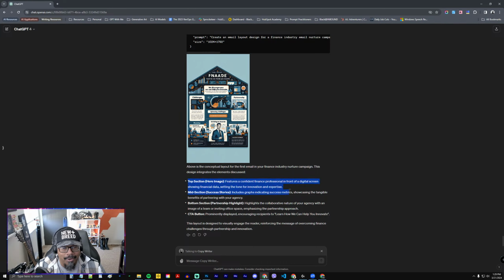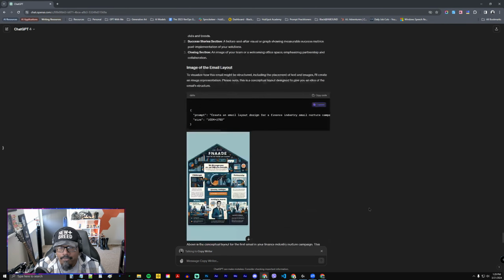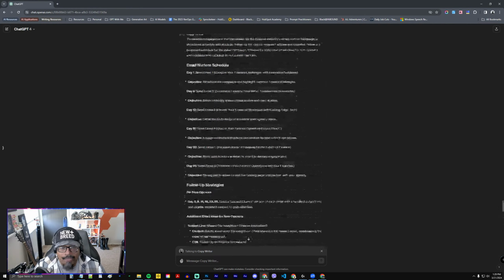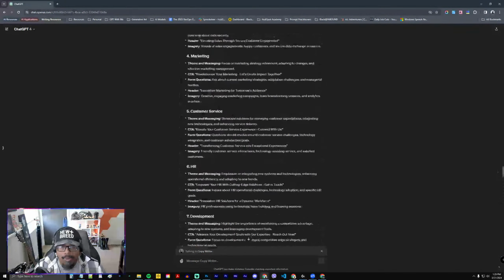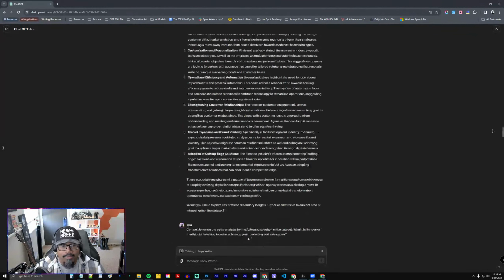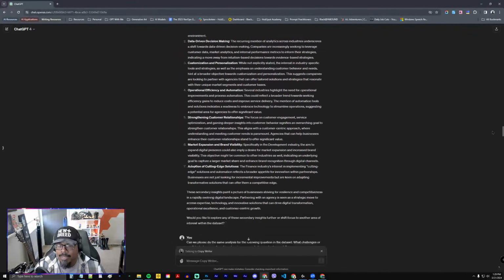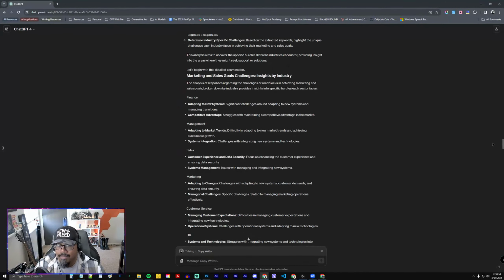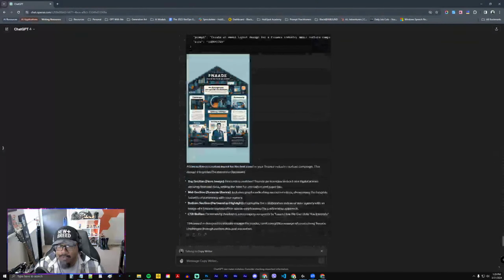But here it's going to give us a little bit of further definition as to what it was trying to do within the image, right? It includes graphs indicating success metrics, showing tangible benefits of partnering with the agency. So you can see this is all the work that was just for one email, for one industry, for one segment based on one answer type to a question, right?